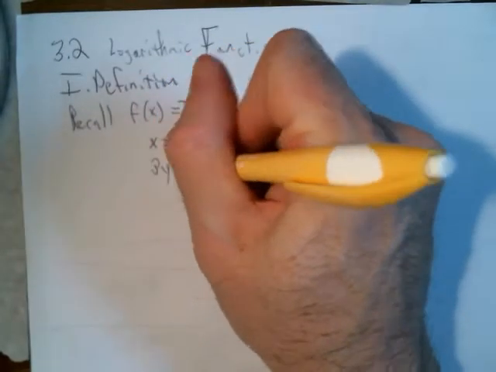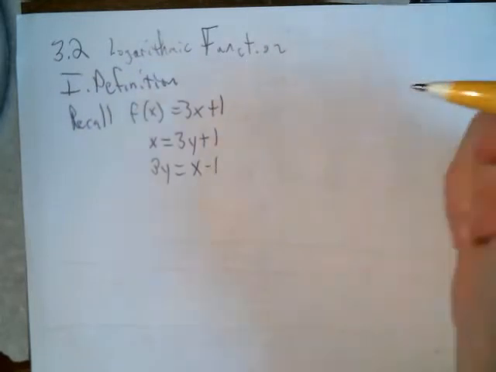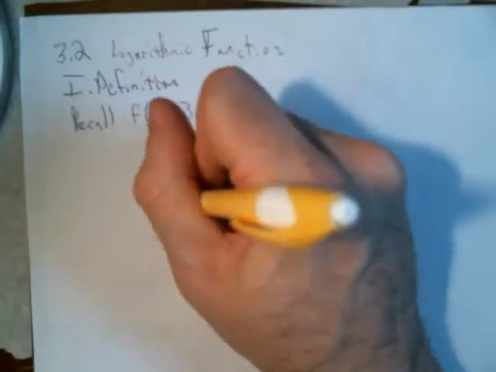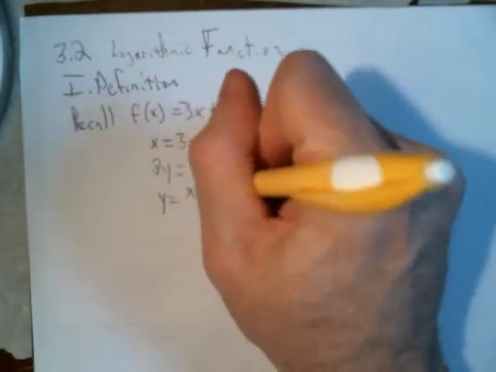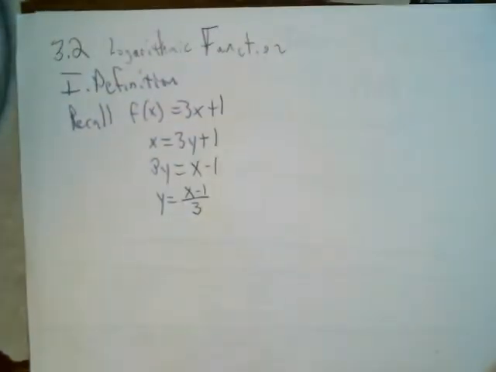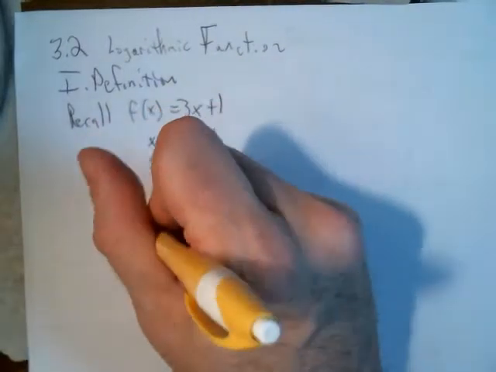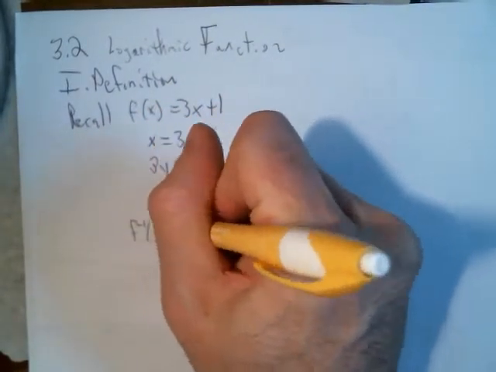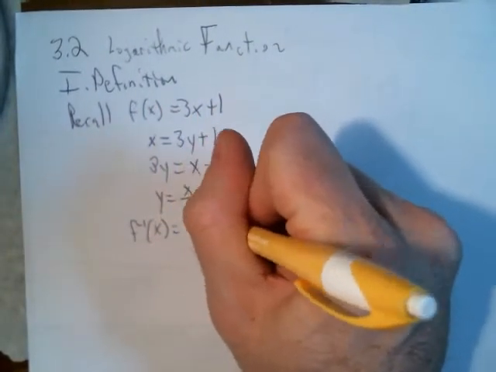So you have 3y equals x minus 1, and then divide both sides by 3, so y equals (x minus 1) over 3, and that'd be your inverse function. Okay? So in this case, f inverse of x would equal (x minus 1) over 3.